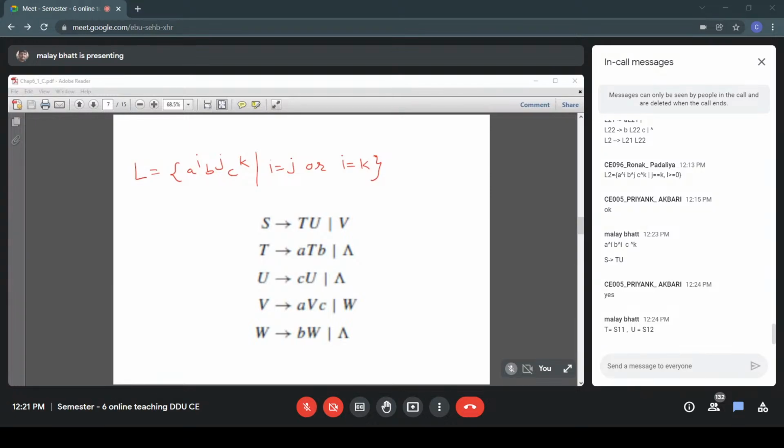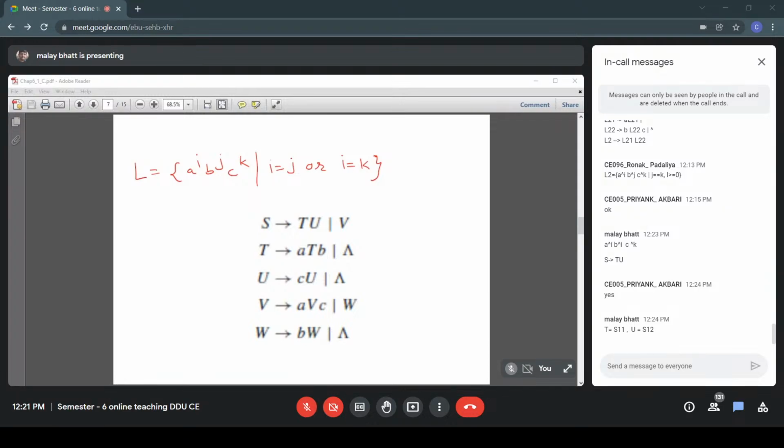So can you tell what is the role of V and W? Or you can derive in your own way. Just consider V and W. So it is like this, a raised to i. We can derive our own method also. b raised to j and c raised to i.